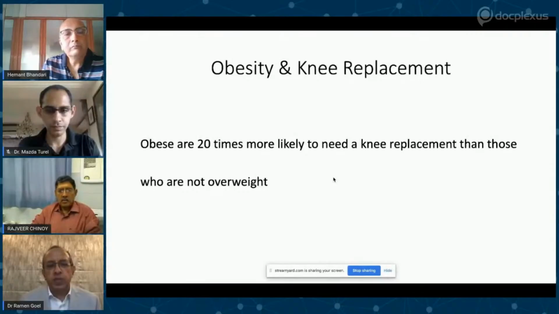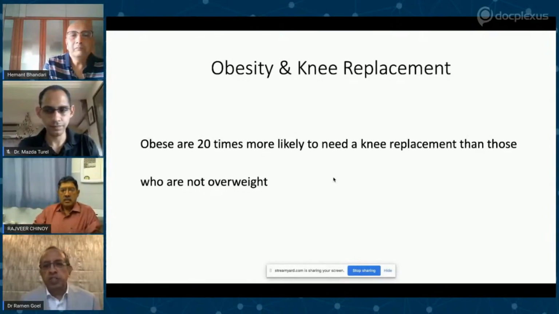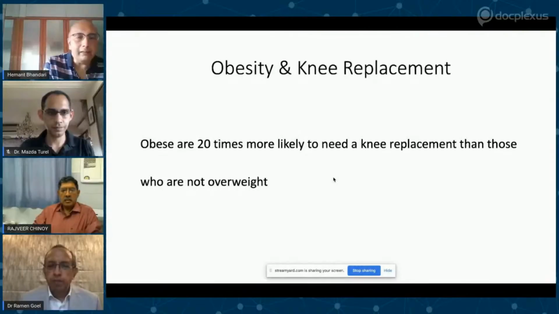We found from the literature that somebody who is obese may require knee replacement almost 20 times more than somebody who is normal weight. I think it is on a higher side, but obese patients tend to have a greater requirement for a knee replacement, because usually we find the knee to be quite arthritic, in an advanced grade, as compared to their age and their contemporaries.